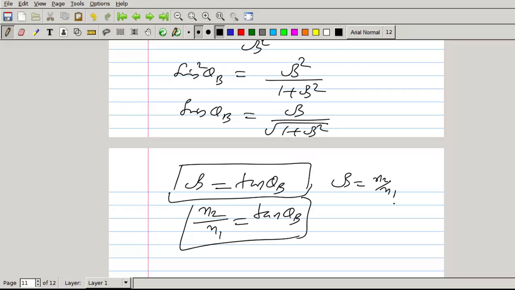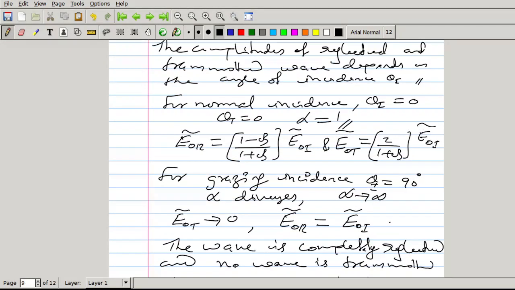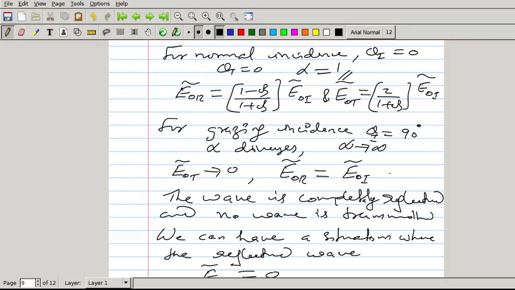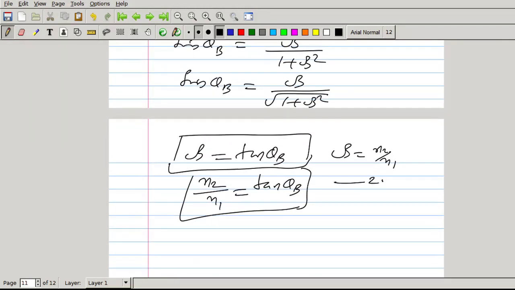So this is our famous Brewster's law. This is equation number 25. Equation 25 gives our famous Brewster's law.